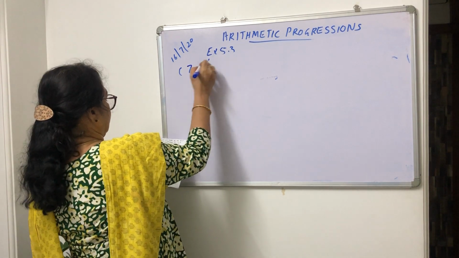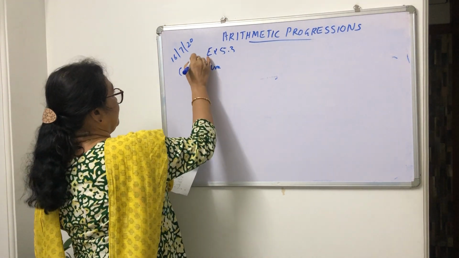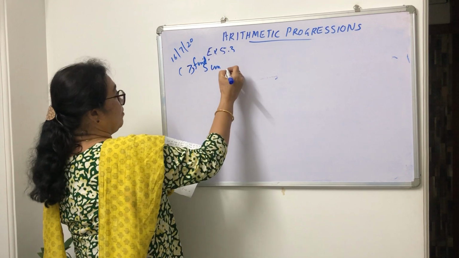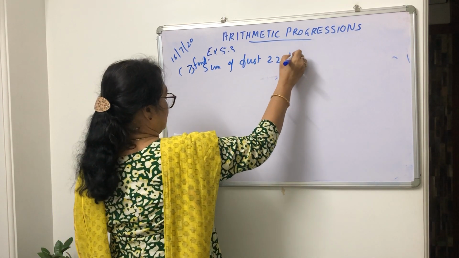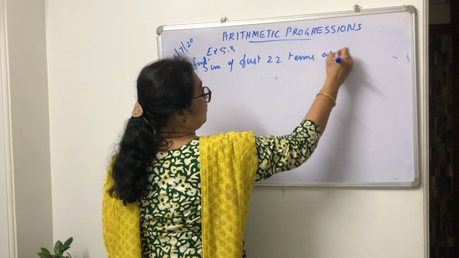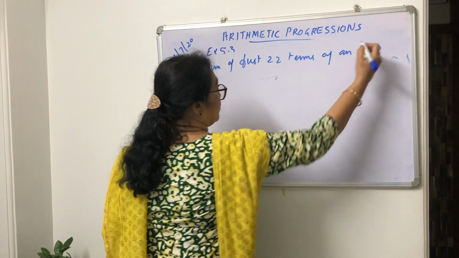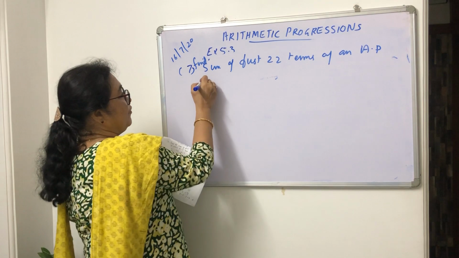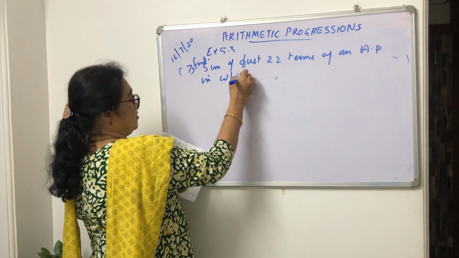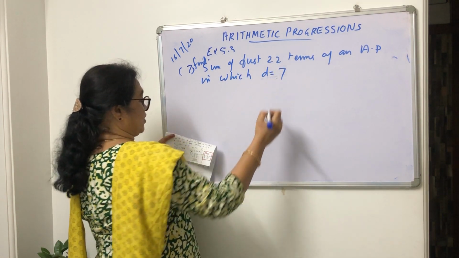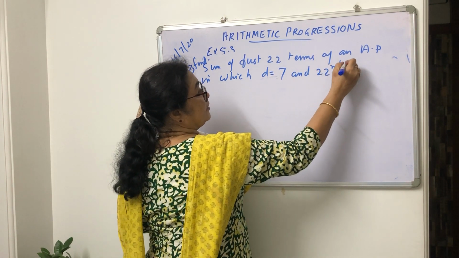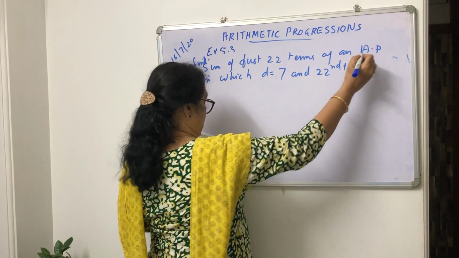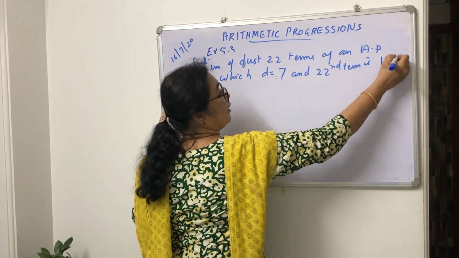7th one, find the sum of first 22 terms of an AP in which D is equal to 7 and 22nd term is 149.